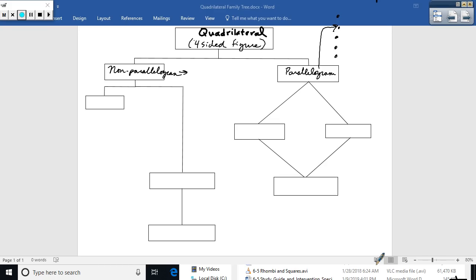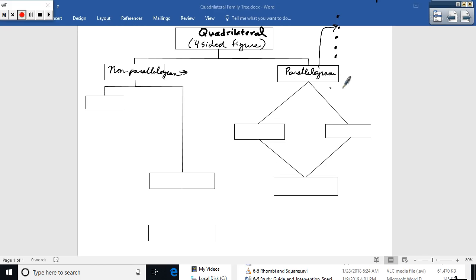Now, one of the things I want you to understand about this schematic, this diagram of the different types of quadrilaterals that we've studied, is this: a quadrilateral that is persisting with all of these different types, all these different types have this trait with them because they're all underneath. It's kind of like the trickle-down effect.